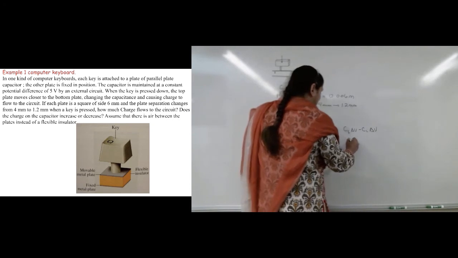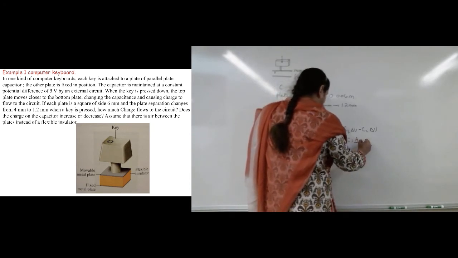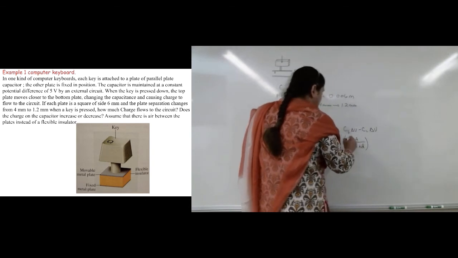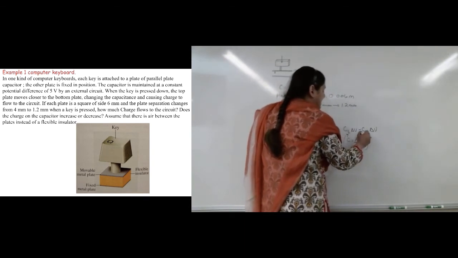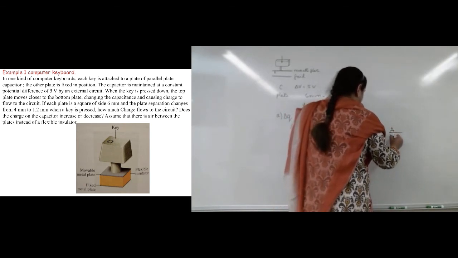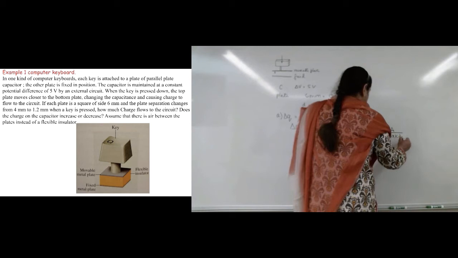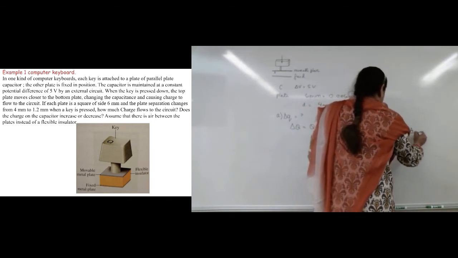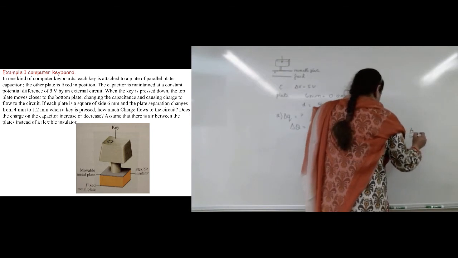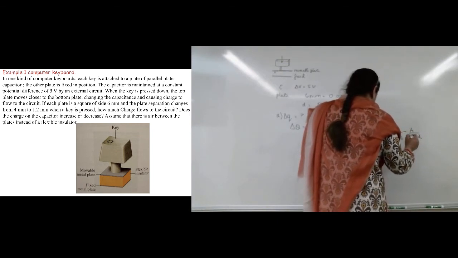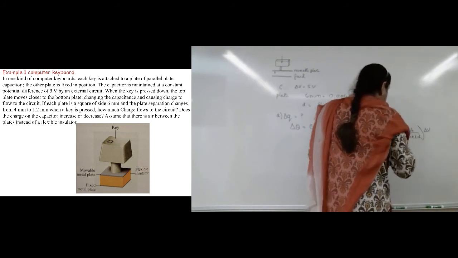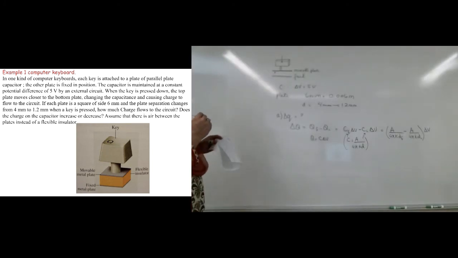C for a parallel plate capacitor is given by A over 4 pi k d. So I can plug this in here and here, and I get A over 4 pi k dF minus A over 4 pi k dI, times delta V, given that delta V is the same, which is the potential difference that it is held at.